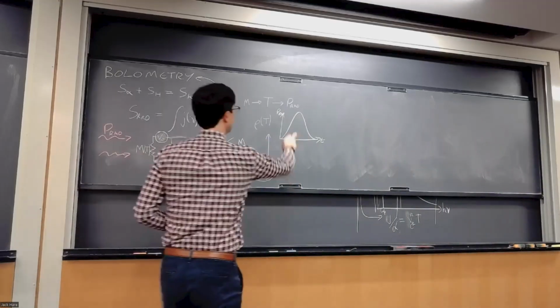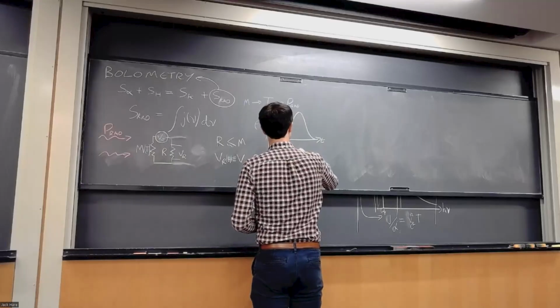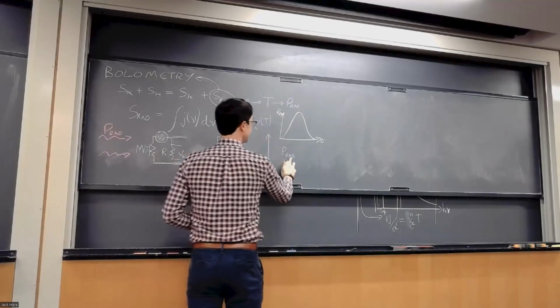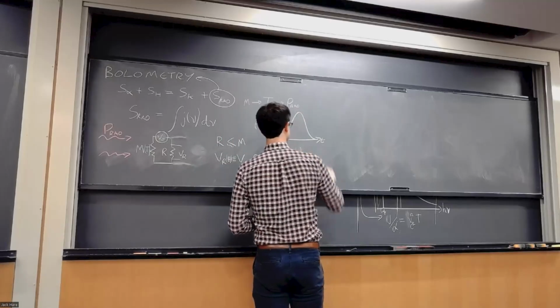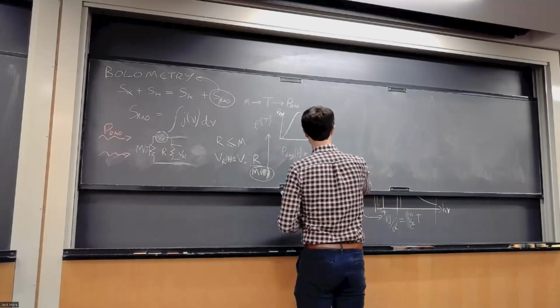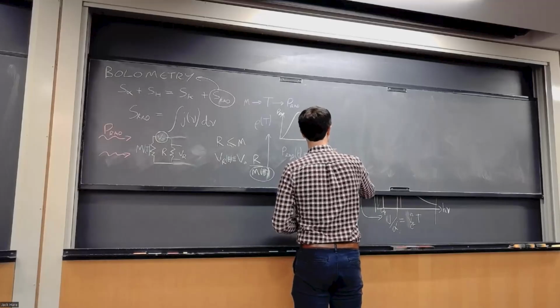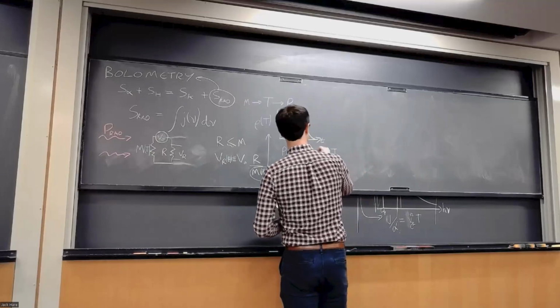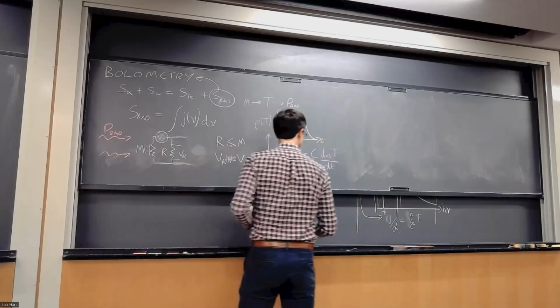So the way that you link these back to each other is you say, for some radiation power incident on my resistor, I'll make it explicitly a function of time, that's going to cause some change in temperature with time. And all of this is times some heat capacity.